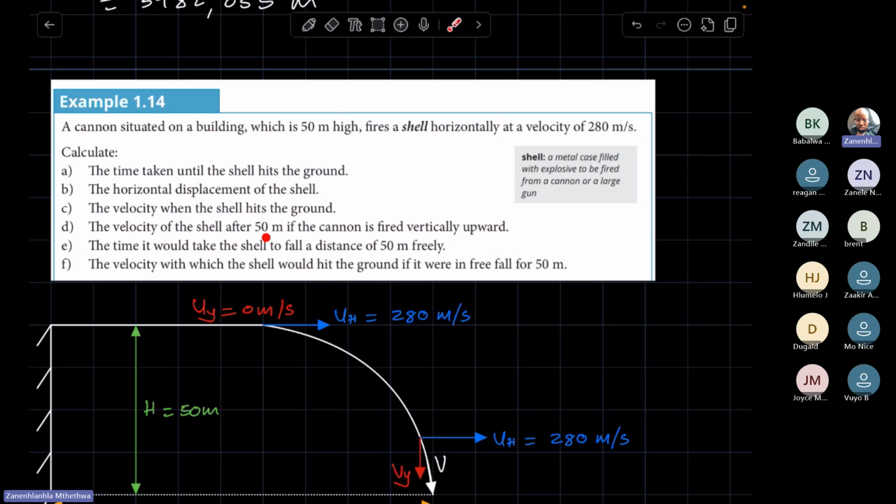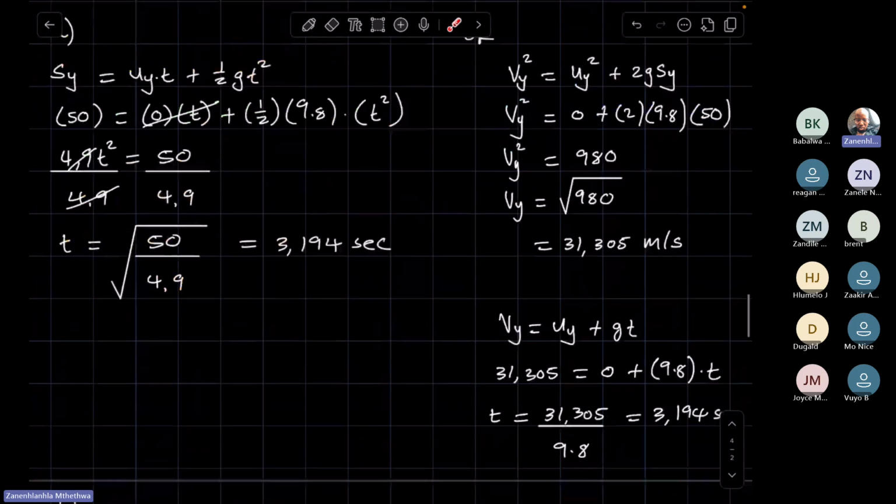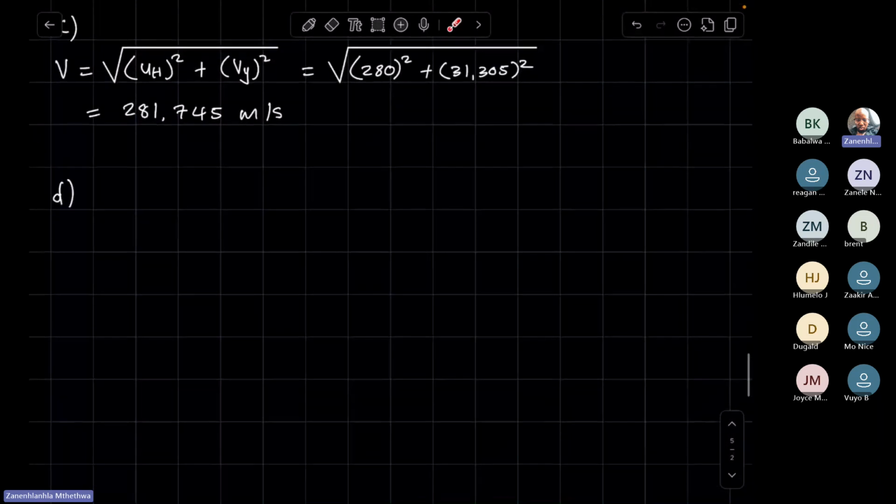So that's the final velocity, if the cannon is fired vertically upward. So in this scenario, we assume that the cannon is now being fired vertically upward. Something like this.